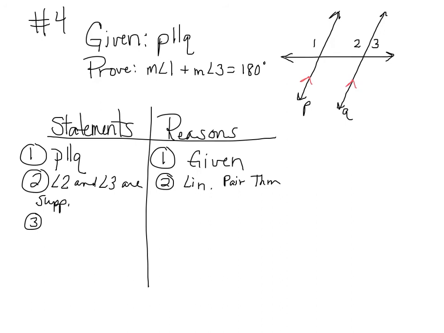Now, because they're supplementary, what do we know? The measure of angle 2 plus the measure of angle 3 is equal to 180 degrees. Why? Definition of supplementary angles.